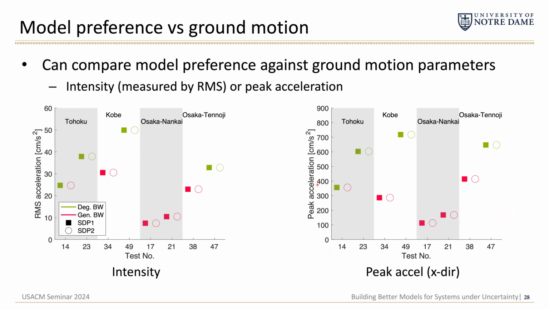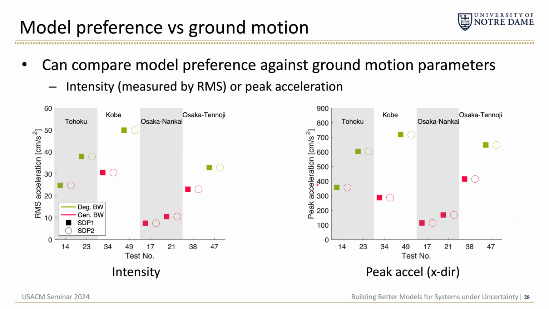But what we also looked at is we knew that we could compare our model preference against the characteristics of the ground motions themselves. And so we actually did some additional evaluations using tests not just from Tohoku and Kobe, but also some of these scenario earthquakes E-Defense conducted using scenarios for the Osaka region. And we did this for both steel damper pair 1 and steel damper pair 2.